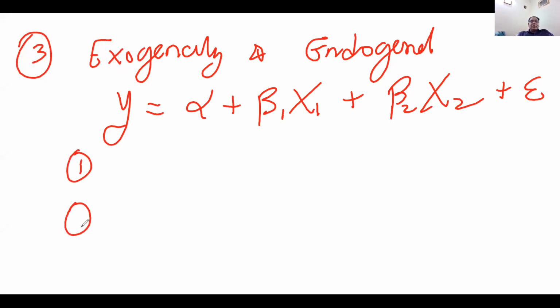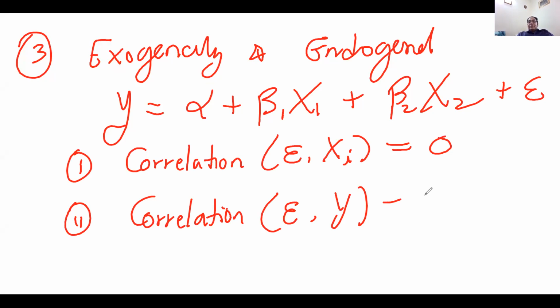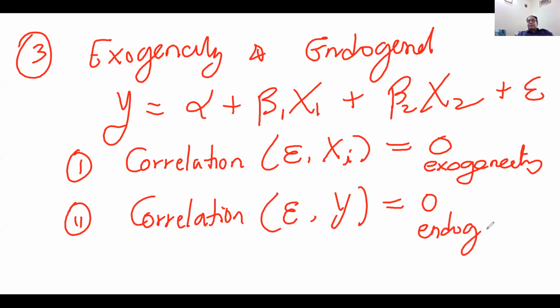Number one, the correlation between the error term and xi should be 0, and the correlation between the error term and y should be 0. The first property is known as exogeneity, and the second property is known as endogeneity.